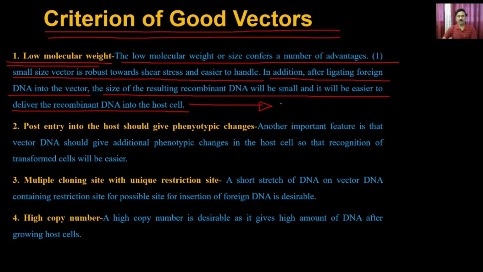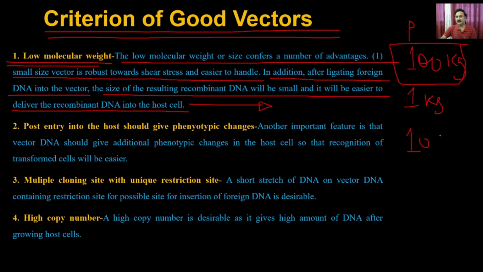You can imagine this very simply. If you want to send a packet from your hostel room to your home, you don't want the packet itself to be 100 kg. You want the packet to be as light as possible. Once you reach the post office, suppose your letter is only 1 kg, then the total will be 101 kg, whereas 100 kg is a waste because that is your packet.